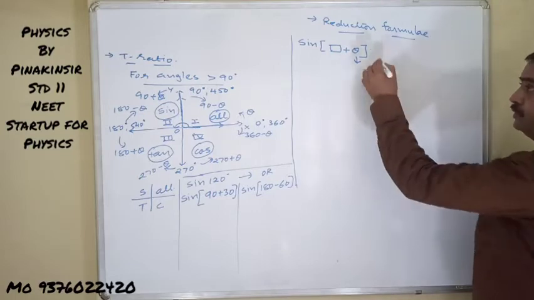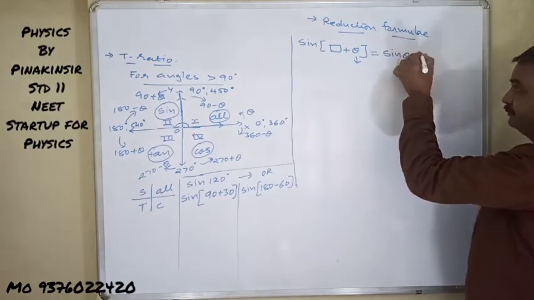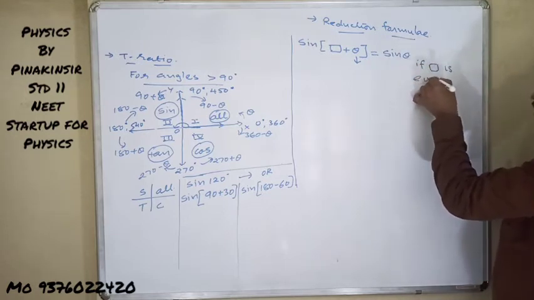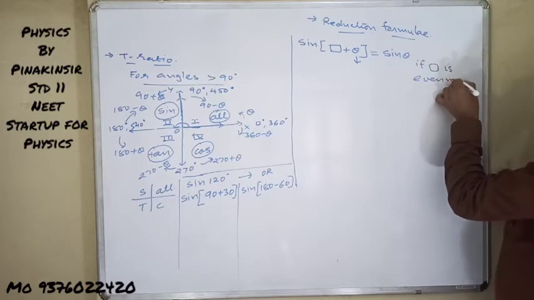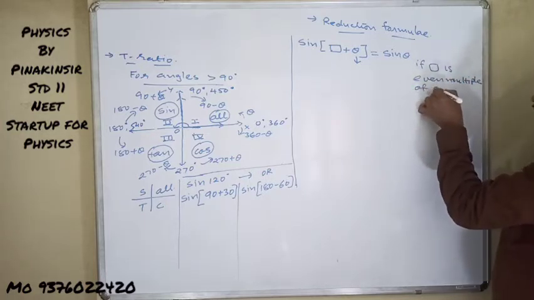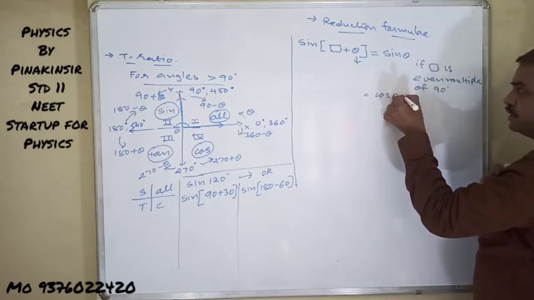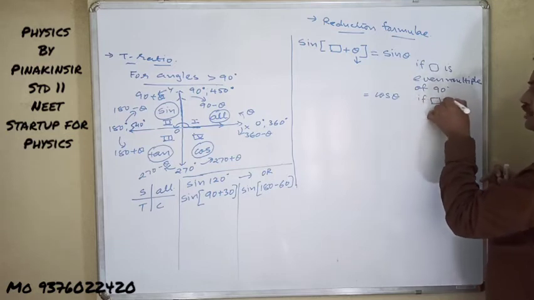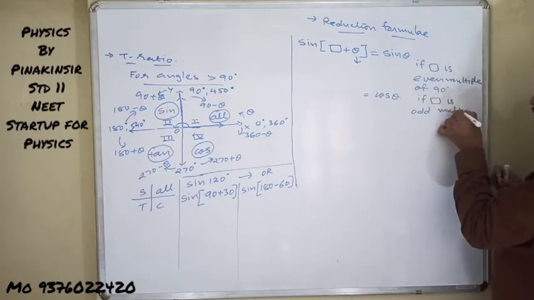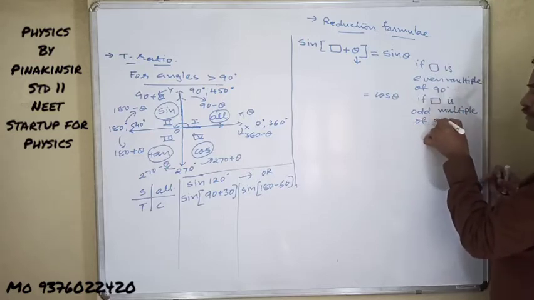After that, your answer will be sine theta if your box is an even multiple of 90 degree, and will be equal to cos theta if your box is an odd multiple of 90 degree.